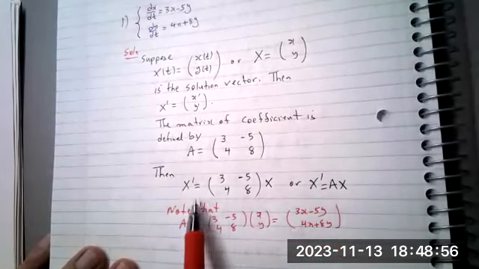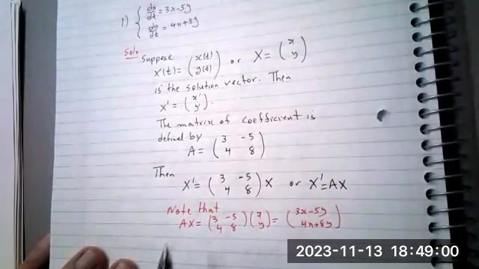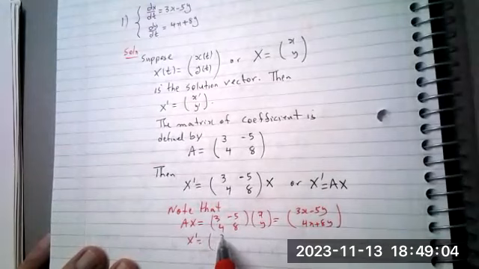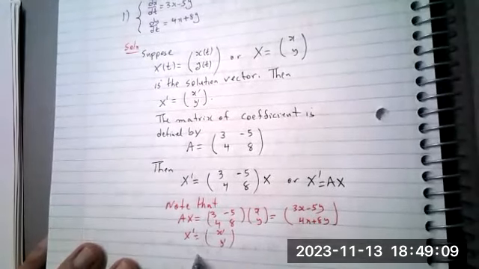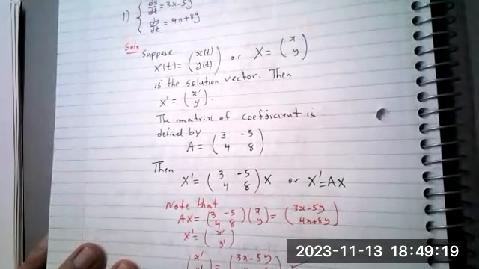So that would be exactly what you have over here. And the x prime is simply (x prime, y prime). So we get exactly what you have in the given equation: 3x minus 5y, and 4x plus 8y.